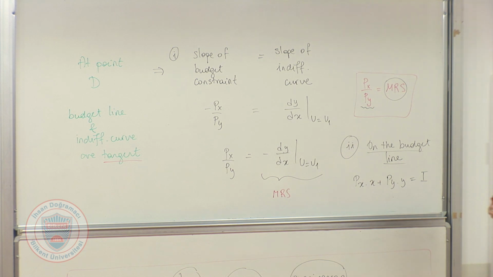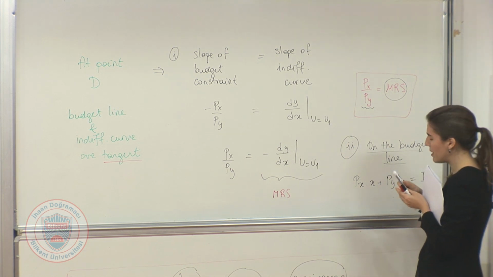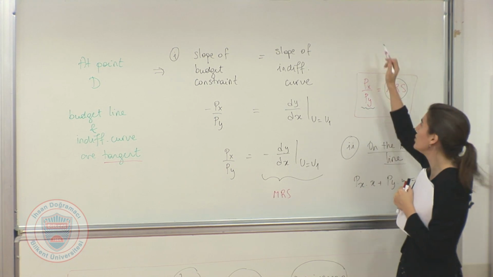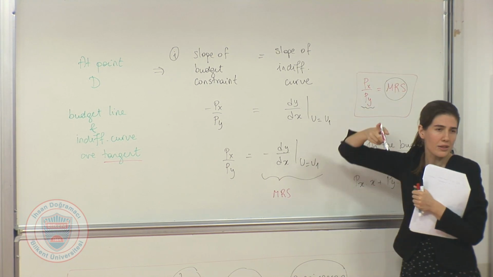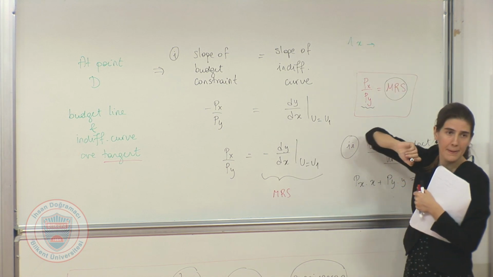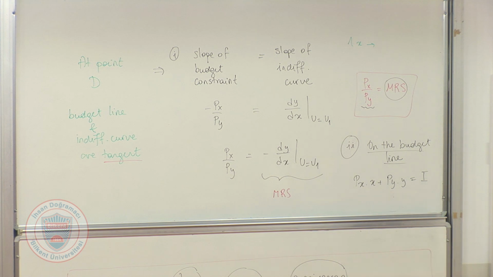Just for instance, think about this. Suppose you have 1x and you want to sell this in the market. At what price would you sell this? Px, right?